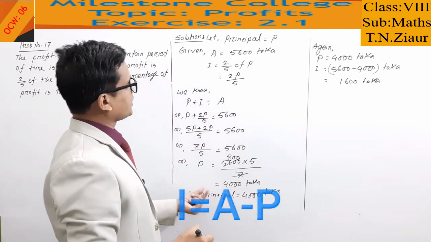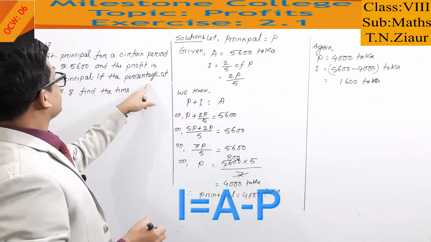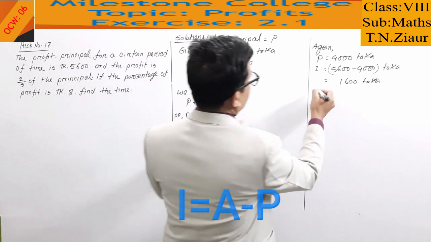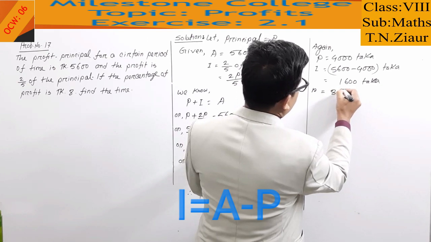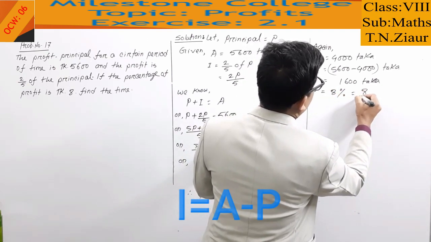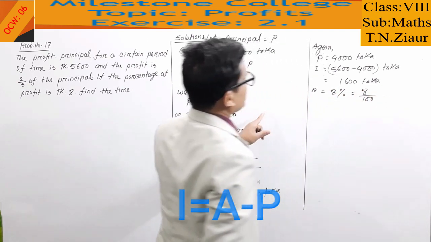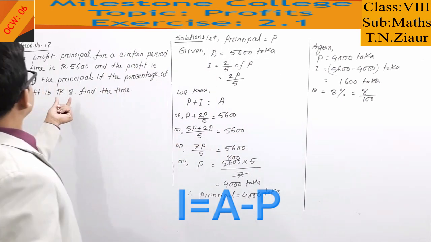So I is equal to this one, and here the given percentage of profit is 8%. You know the percentage of profit is R, that means 8%, or you can write 8 by 100. And we have to find the time.